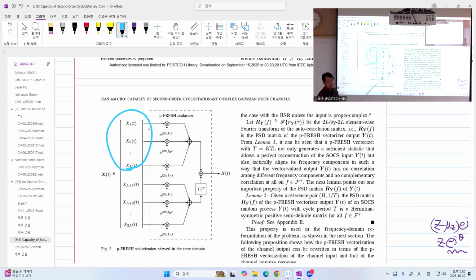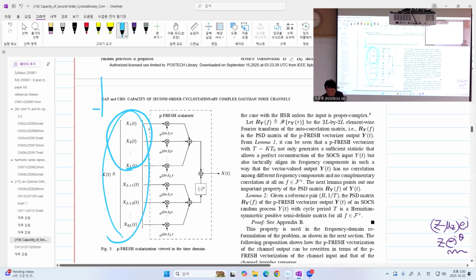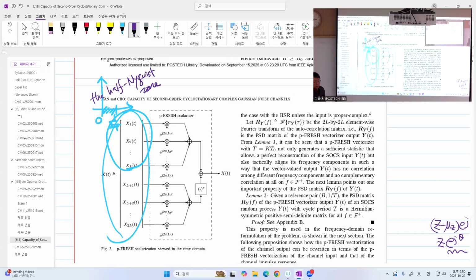All the components, not only the upper part, all the components can only reside in this half Nyquist zone. By the way, I remember I named this as the half Nyquist zone. Positive half, but anyway, half Nyquist zone. All the components are defined in the half Nyquist zone.